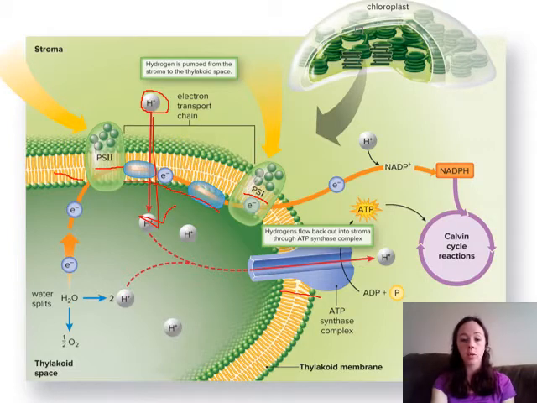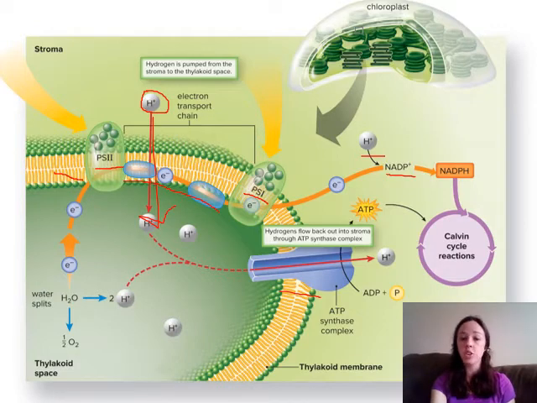When the electrons are done going through the electron transport chain, they will be given to photosystem 1, where they will be re-energized again and given to NADP, which will combine with a hydrogen ion to form NADPH.